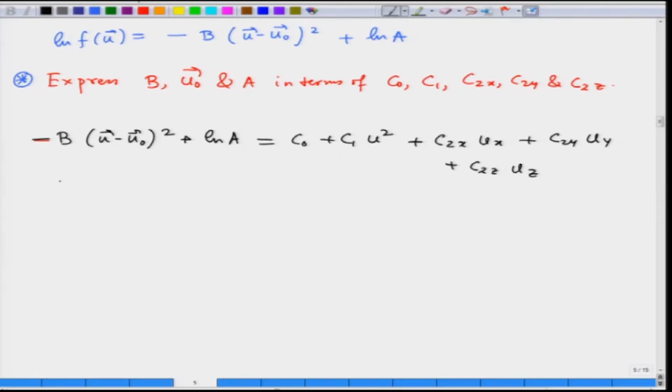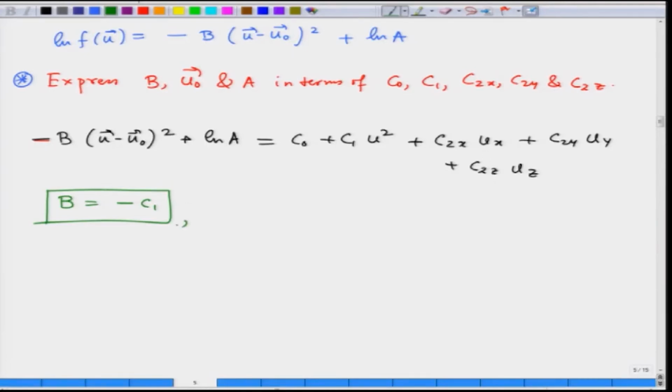Just by matching the powers of u in both sides, you can simply say that b is equal to minus C1. That is the first thing. That you can easily see by matching the powers of u square. So, that will be C1 and here that will be just minus b. So, b will be minus C1.